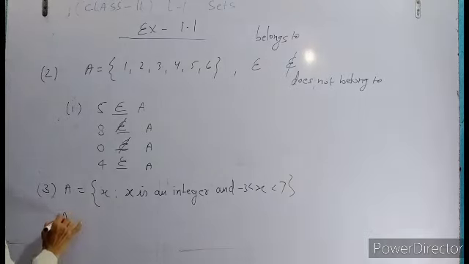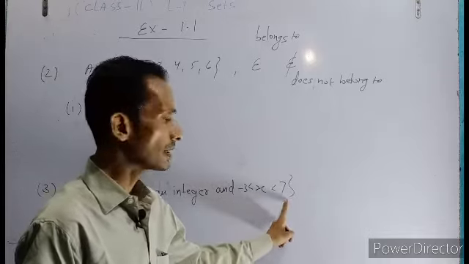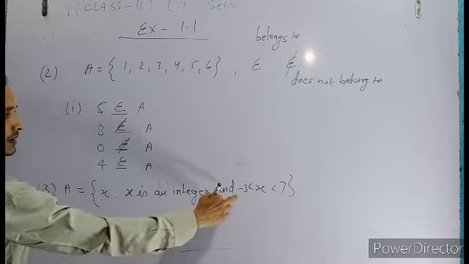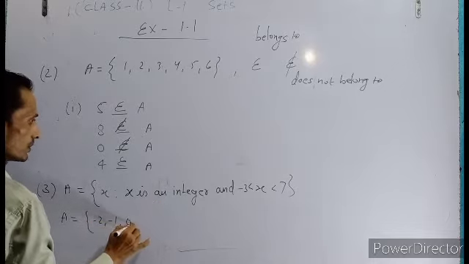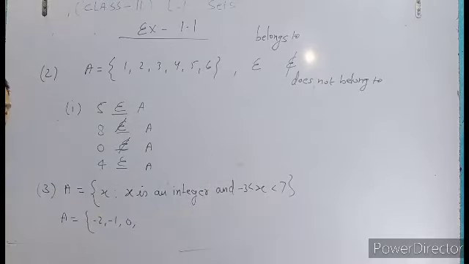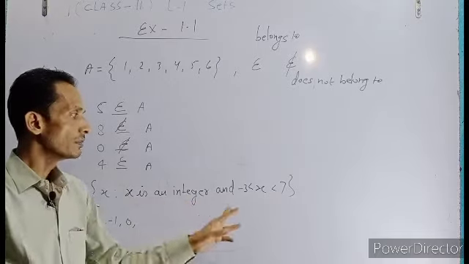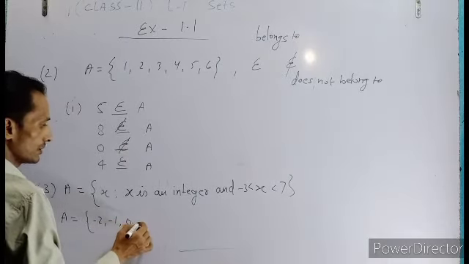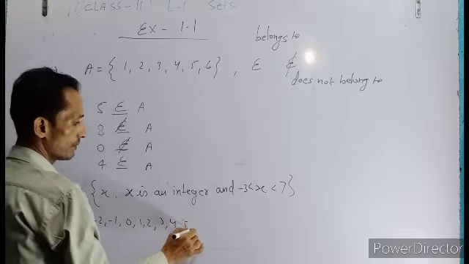So in set builder form, how can we write it? x is an integer greater than minus 3 and less than 7. You have to write all the numbers separated by commas. We write all the integers which lie between minus 3 and 7: minus 2, minus 1, 0, 1, 2, 3, 4, 5, 6.